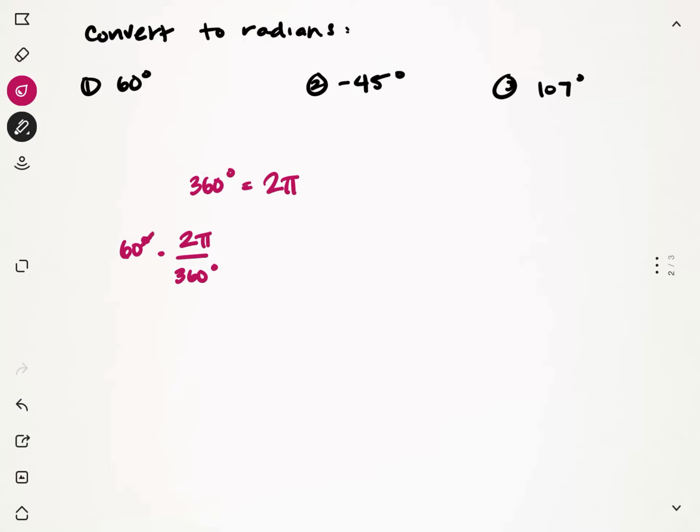Right, so this degree and this degree cancel out. So we know our answer is no longer going to be in degrees. That's what we want. We can multiply 60 by 2, which would give us 120 over 360.